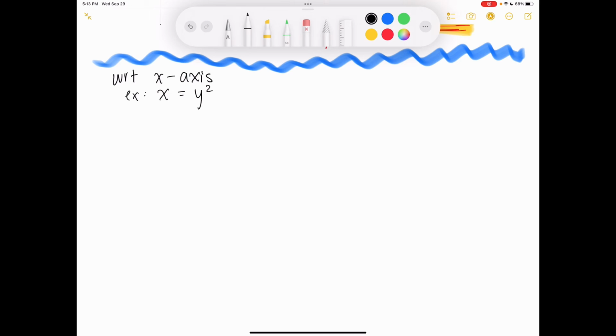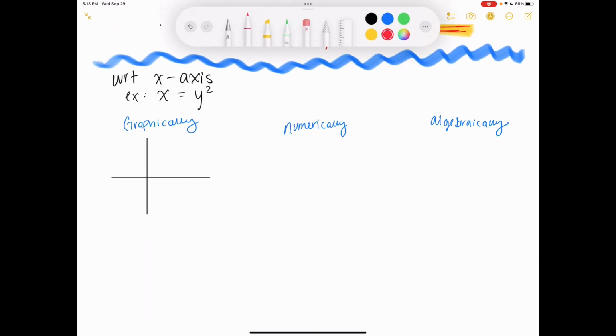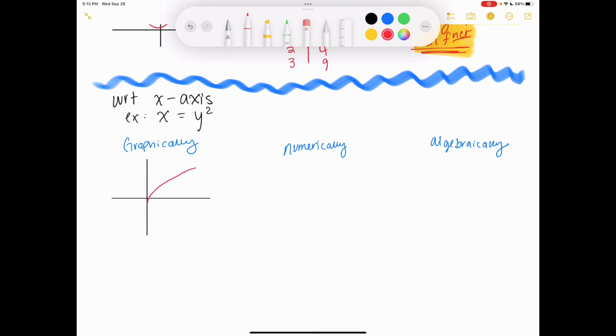So again, we're going to do graphically, numerically, and algebraically. All right, so graphically, we're going to have kind of a sideways parabola here.